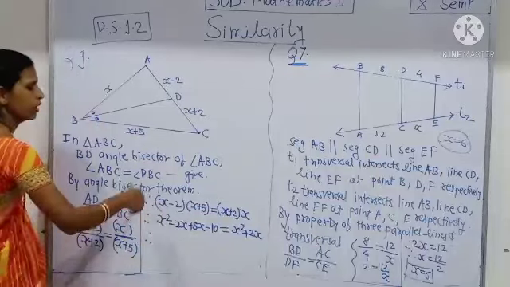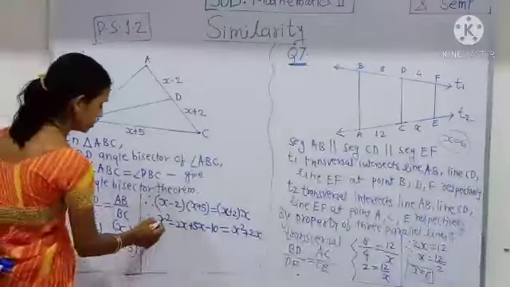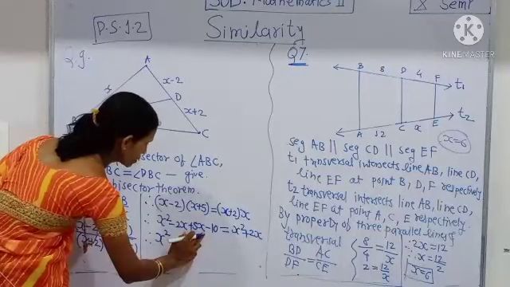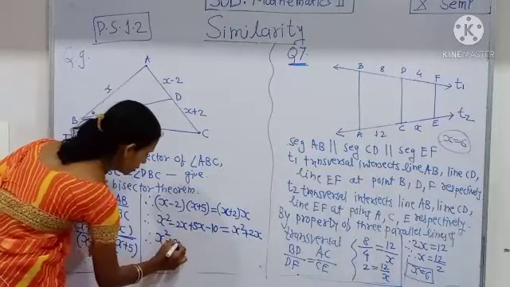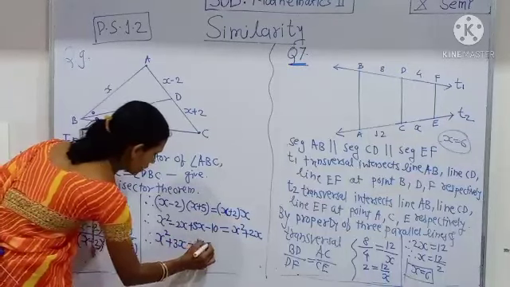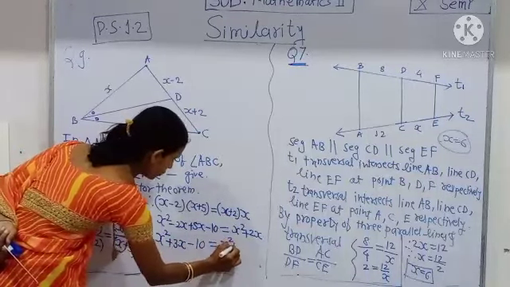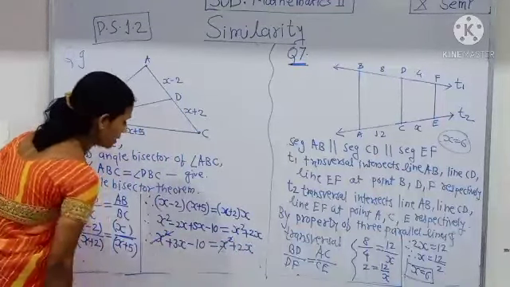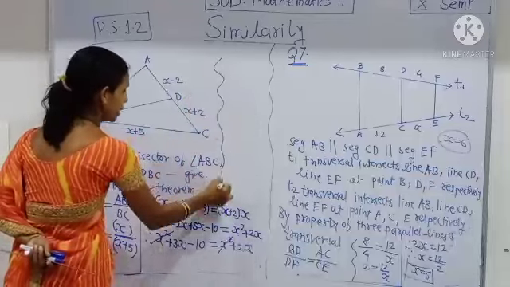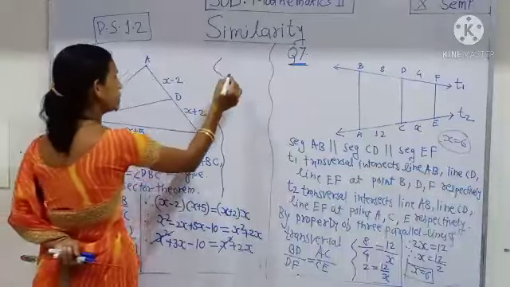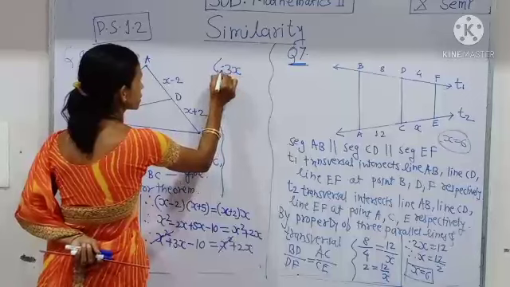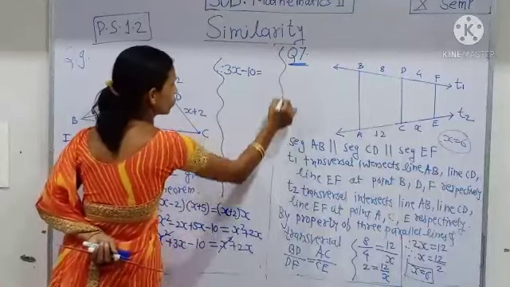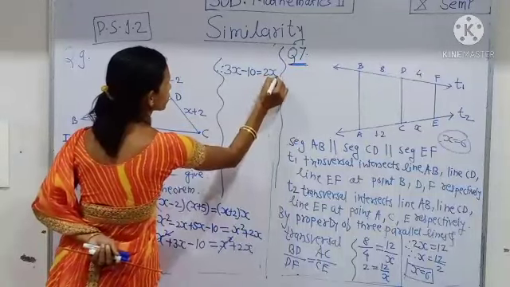Therefore rearranging these equation, here x square minus 2x plus 5x, that is 3x minus 10 is equals to x square plus 2x. Here x square get cancelled and we get the simplified equation, that is 3x minus 10 is equals to 2x.